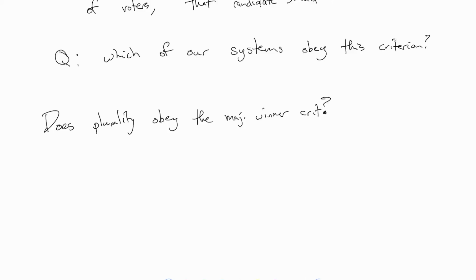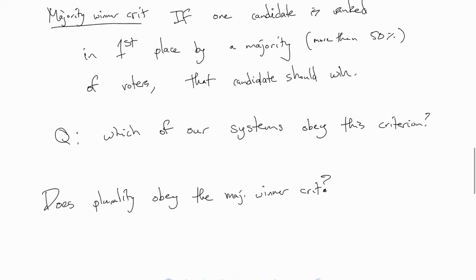Any thoughts about that? Yeah? Only if there's 2 candidates, and if there's more than 2 candidates, it's possible that the winner has less than 50%. Yes, that's right. If there's more than 2 candidates, it's possible to win with less than 50%. Although the majority criterion is kind of the other way around.